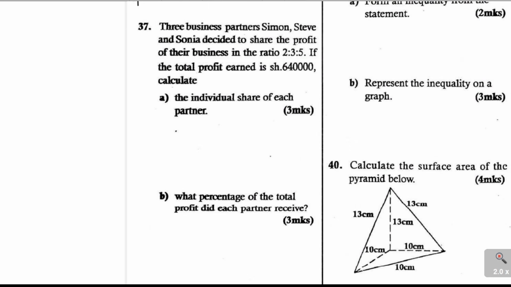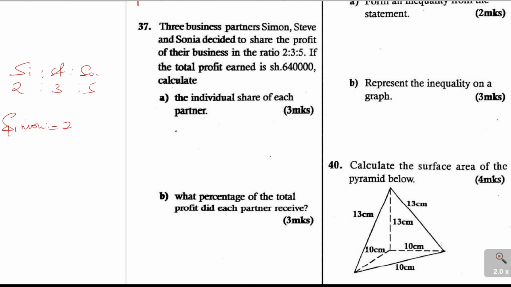So we start with Simon. The ratio is 2:3:5 for Simon, Steve and Sonia.